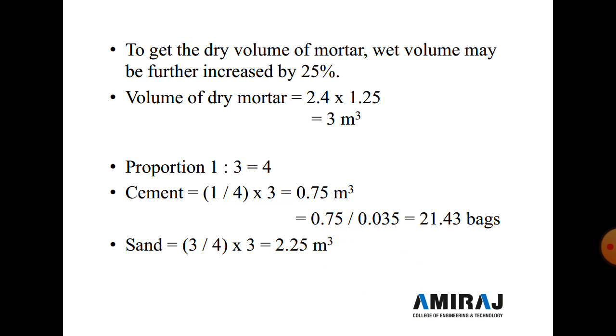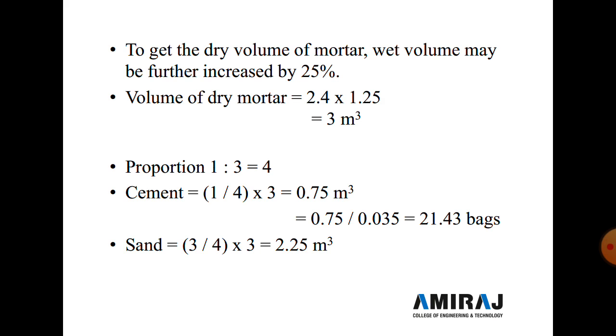Now to get the dry volume of mortar, the wet volume may be further increased by 25%. So the volume of the dry mortar is the wet volume 2.4, already discussed in the last slide, multiplied by 25%. So here we got the answer 3 meter cube. Now the proportion is 1:3. So here 1 part of the cement and 3 parts of the sand, so the total is 4.